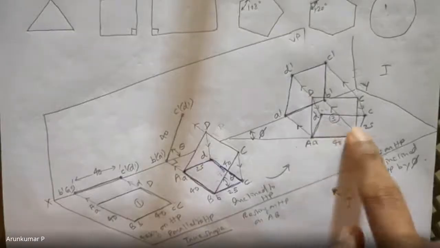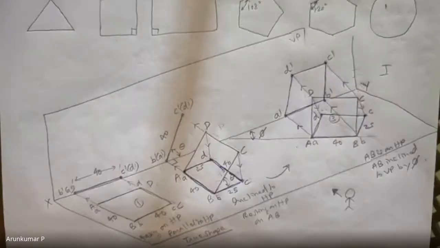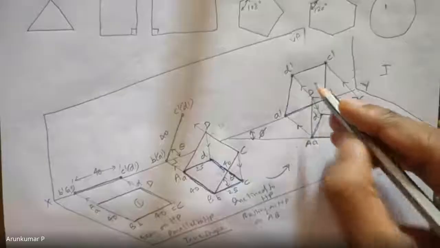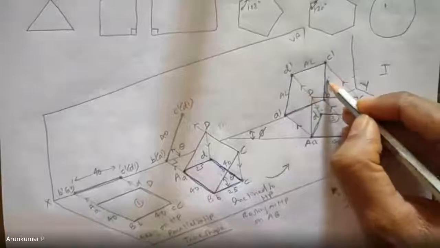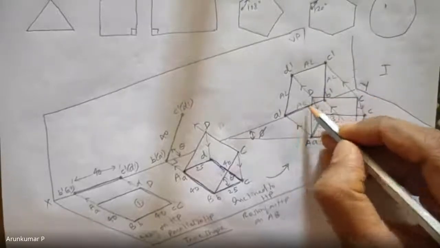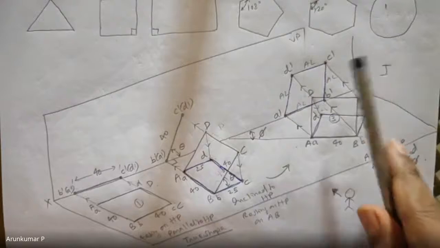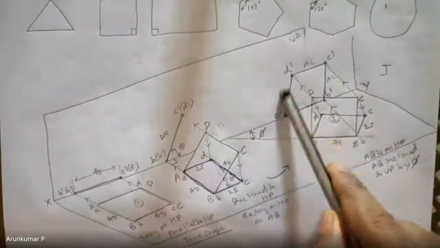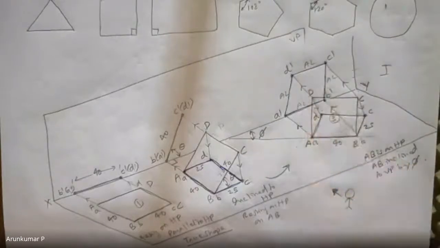No. So when none of these 4 edges are parallel to VP, how can you get true length on VP? That means all these edges are apparent lengths. I don't know how much it is. It may be 30 mm, 32 mm, whatever. But none of them are in its true length, simply because none of these 4 edges are parallel to VP.